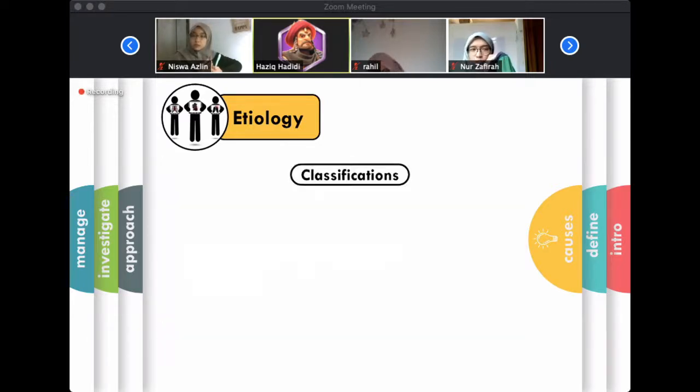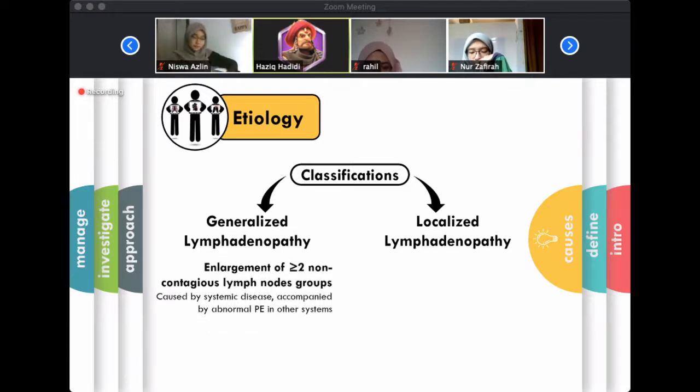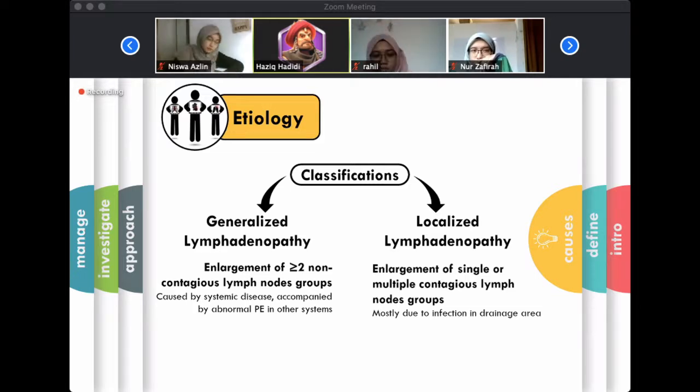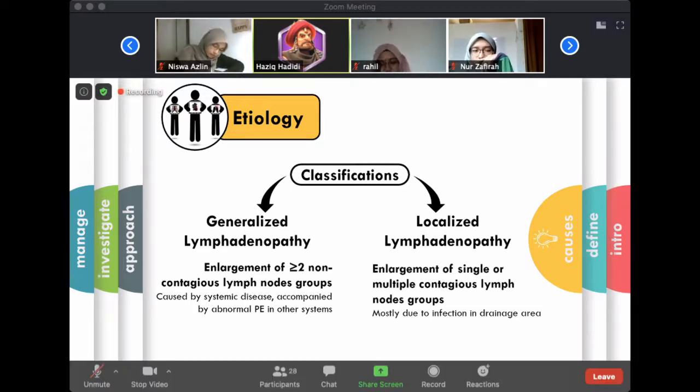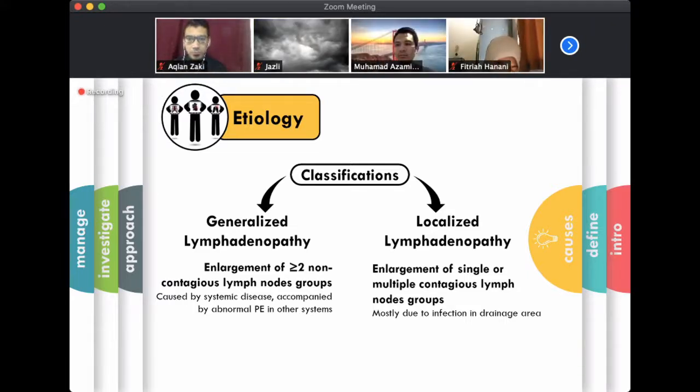In general, lymphadenopathy can be classified into generalized and localized. Generalized lymphadenopathy is enlargement of 2 or more non-contiguous regions that often indicates underlying systemic disease, while localized lymphadenopathy is enlargement of a single or multiple contiguous nodes, mainly associated with the region involved according to the lymphatic drainage pattern.